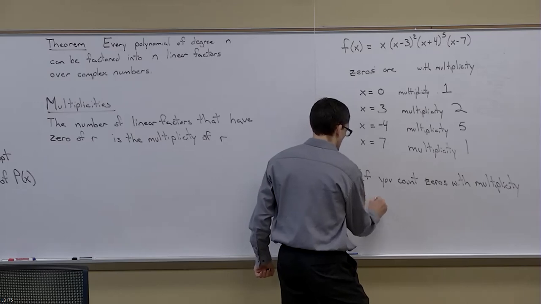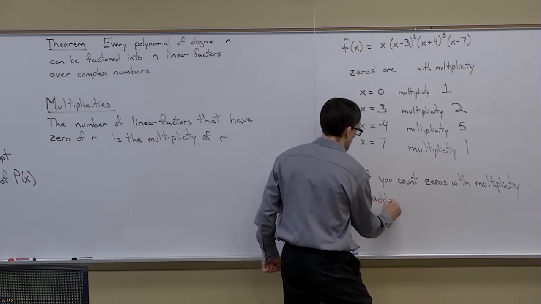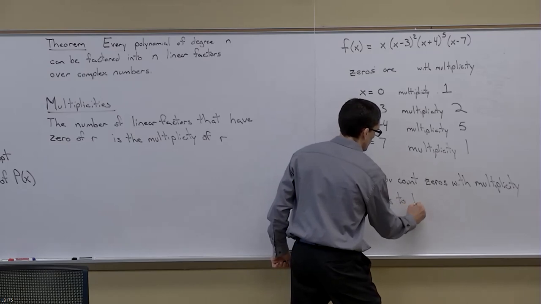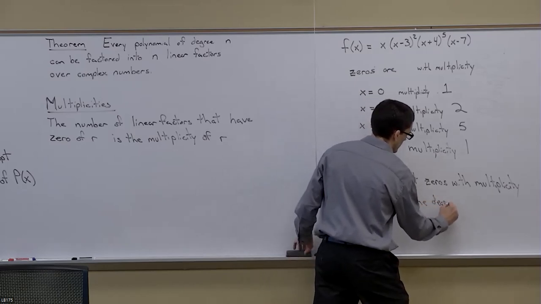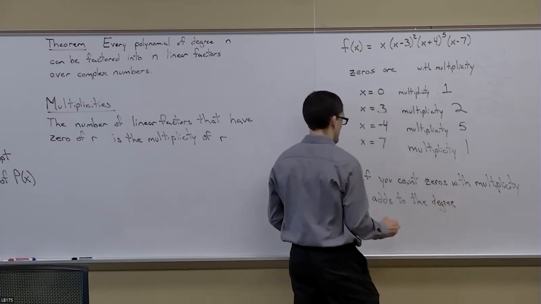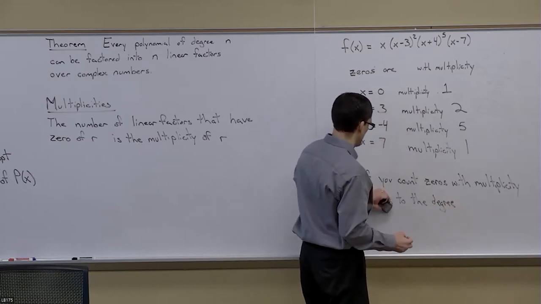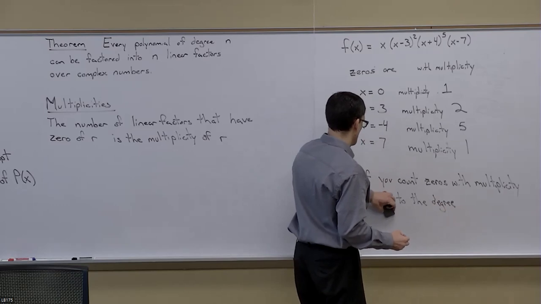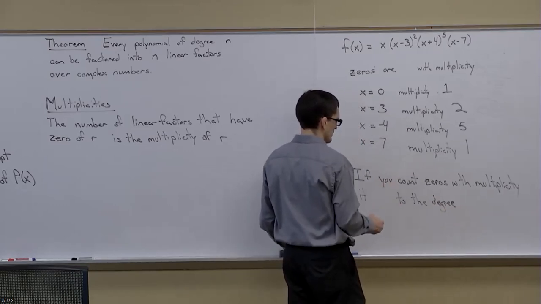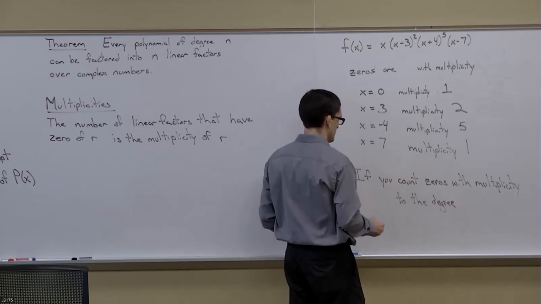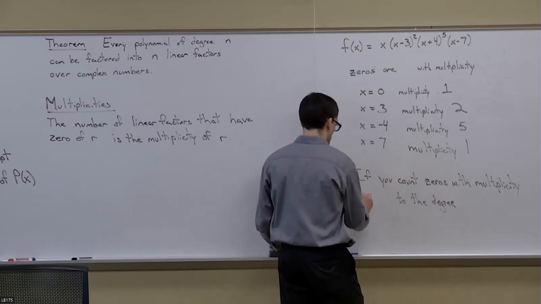You count the zeros with multiplicity. It adds to the degree. That's poor phrasing, isn't it? Okay, so the sum is the degree of the polynomial.